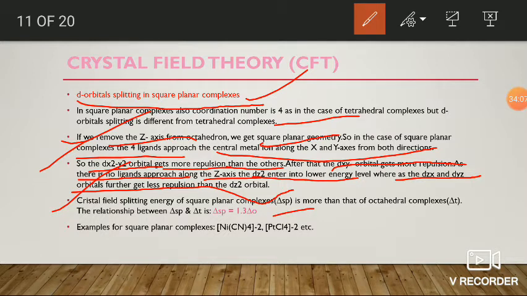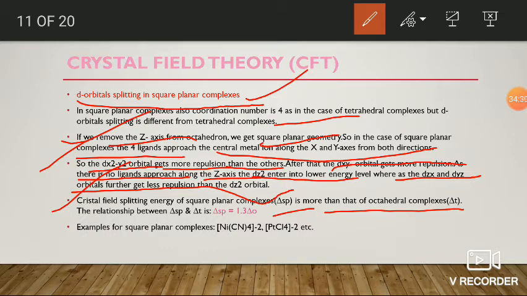Generally, in square planar geometry it is more than the octahedral, even though octahedral complexes have 6 coordination number or more ligands. The delta sp value is more than that of delta o.